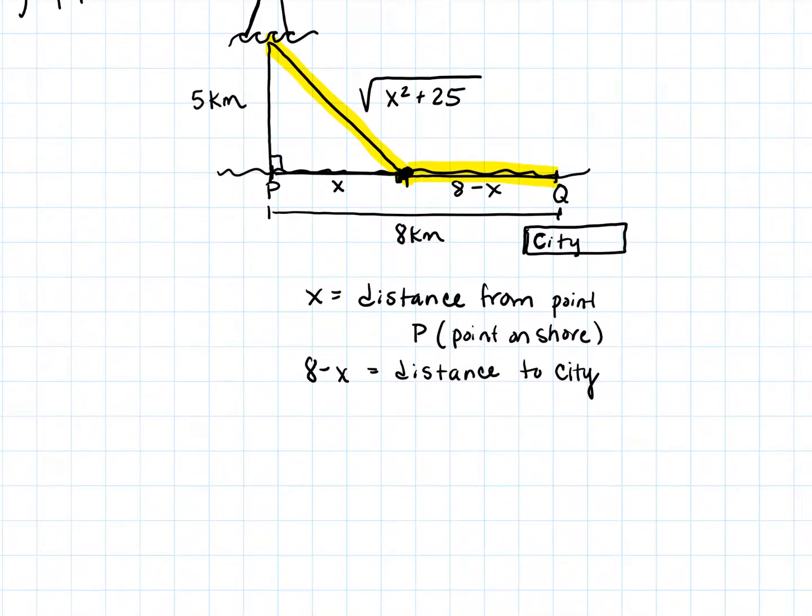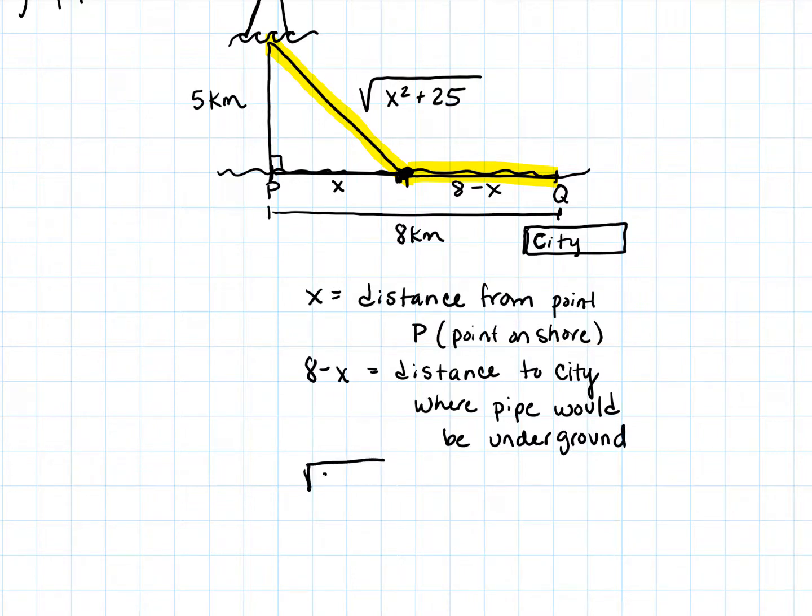So this is the distance to the city where pipe would be underground, and the square root of x squared plus 25 would be the distance where pipe would be underwater.